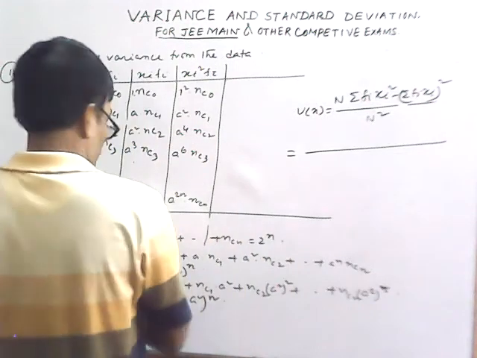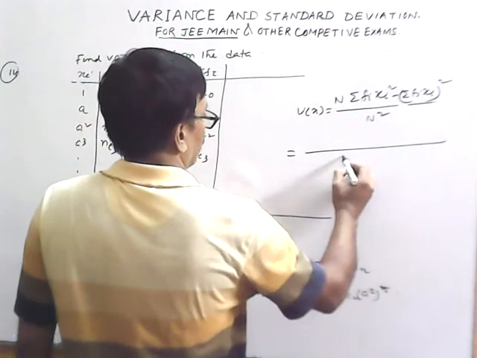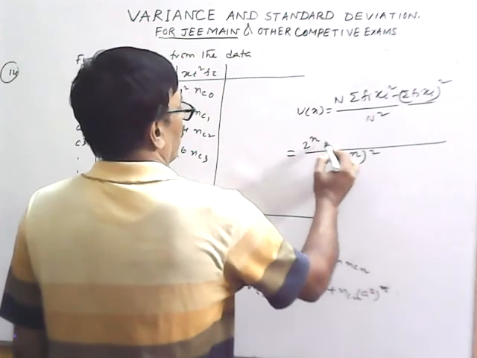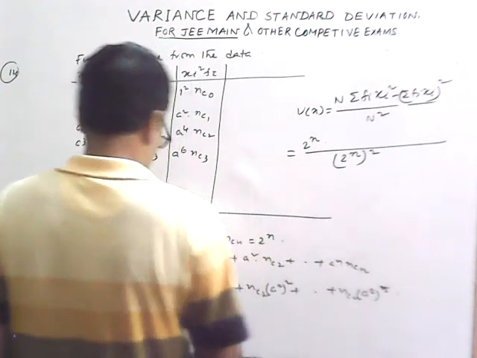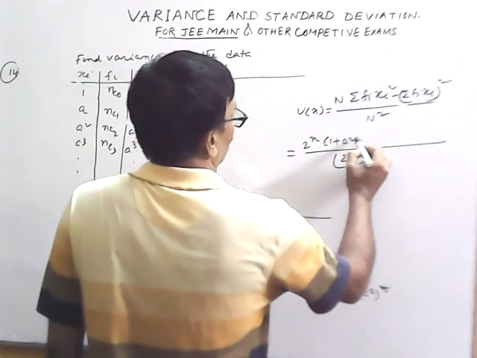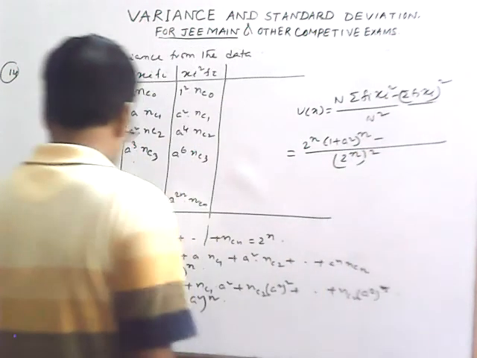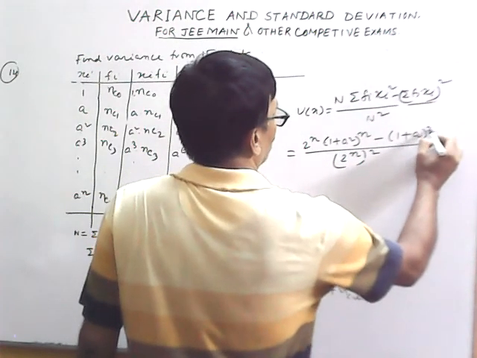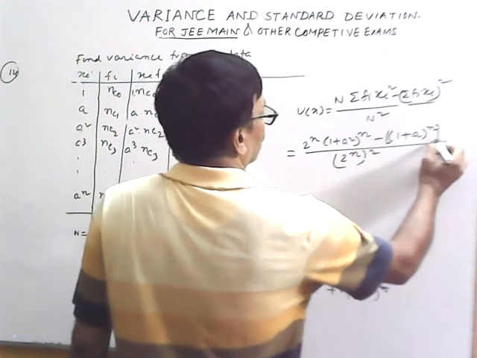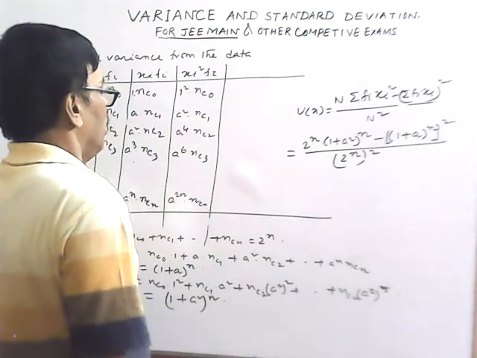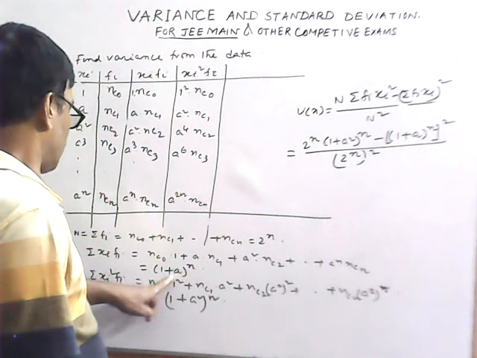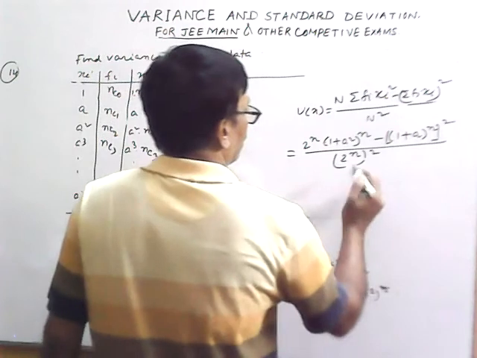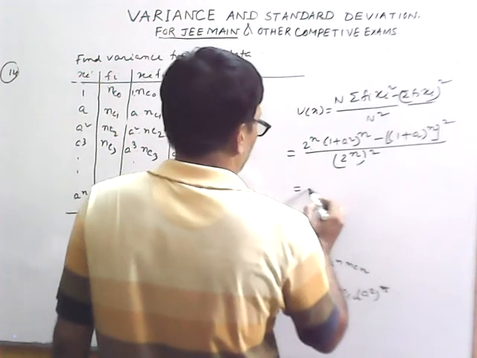So N equals what? Capital N, the summation of fi. This is 2 to the power n whole square. So this is 2 to the power n. And this one is 1 plus a square whole to the power n minus the summation of xi fi, 1 plus a whole to the power n, then again whole square. So finally what we are getting: the 2 to the power n cancels out.